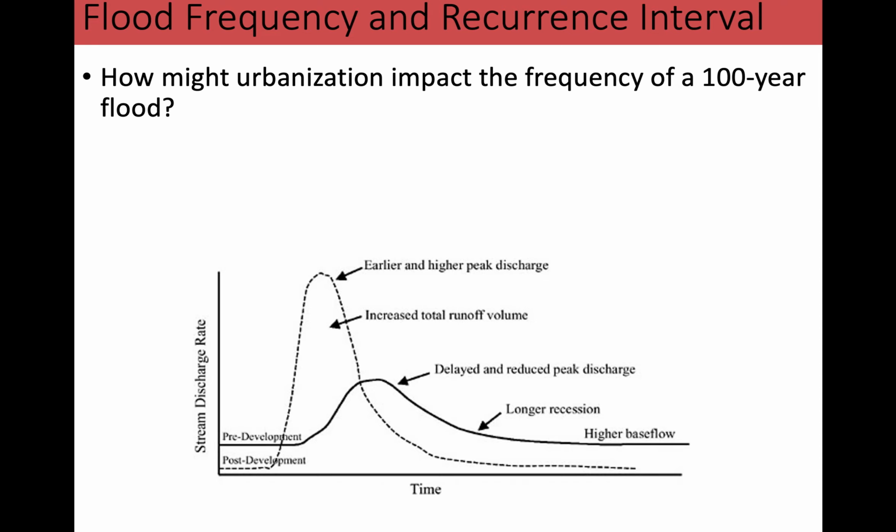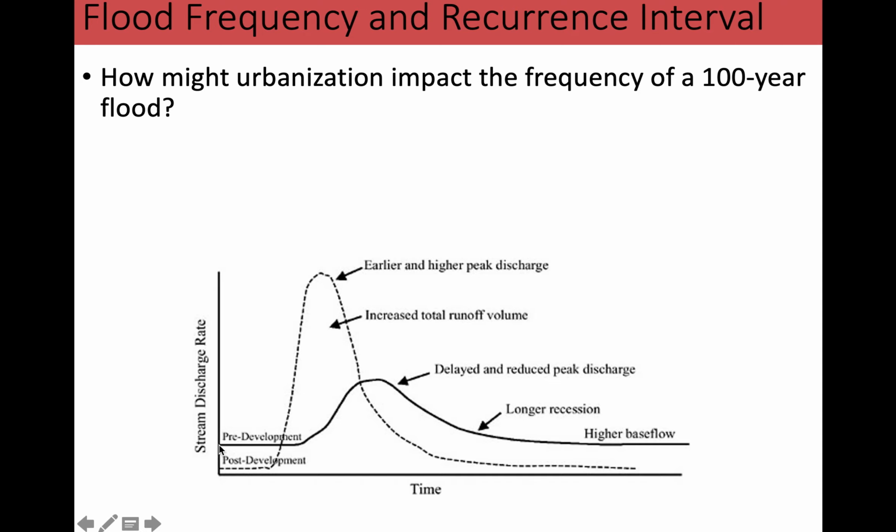So when we look at a hydrograph of an urbanized area before development and then after development, we can see how the hydrograph would change. So here we have time on the bottom x-axis, here's stream discharge on the y.